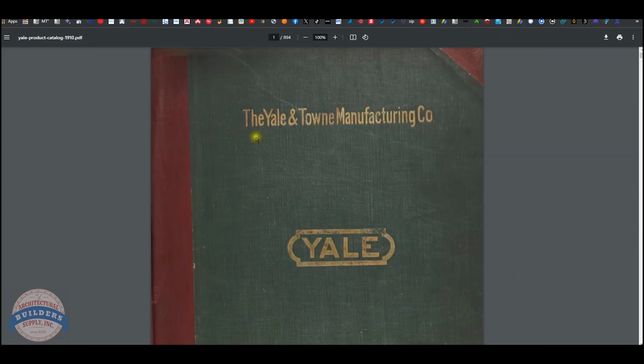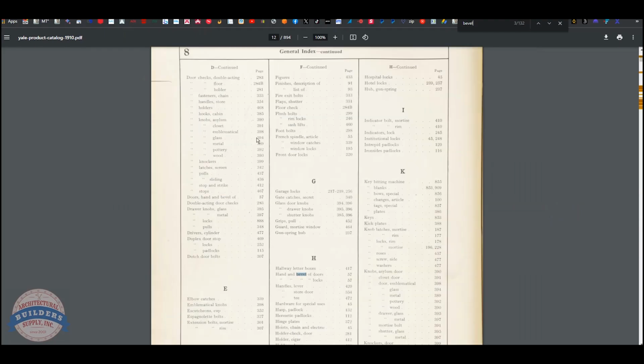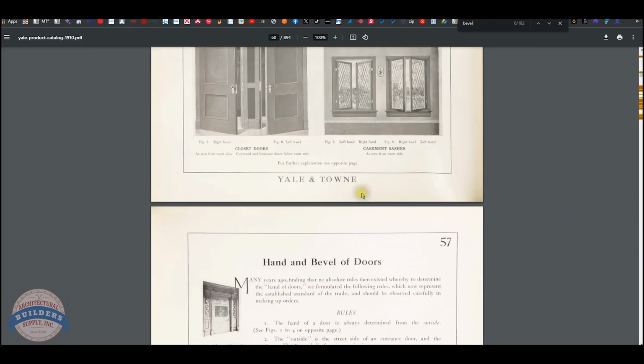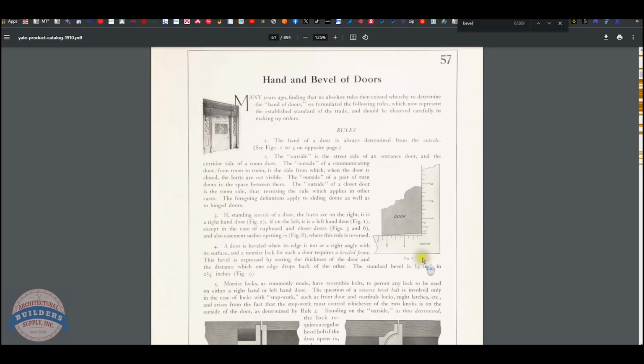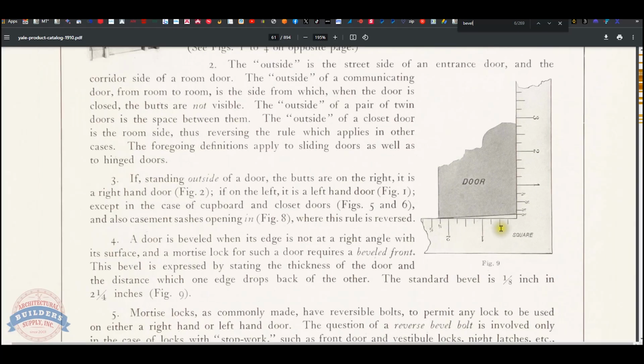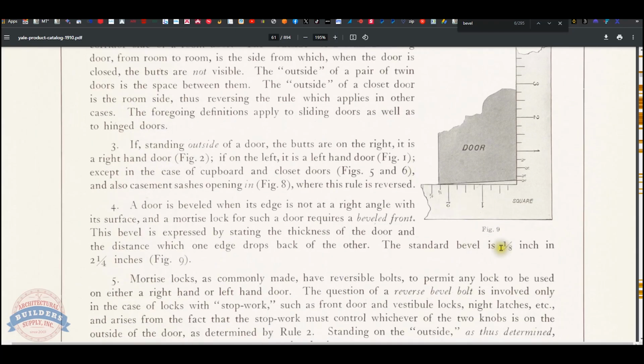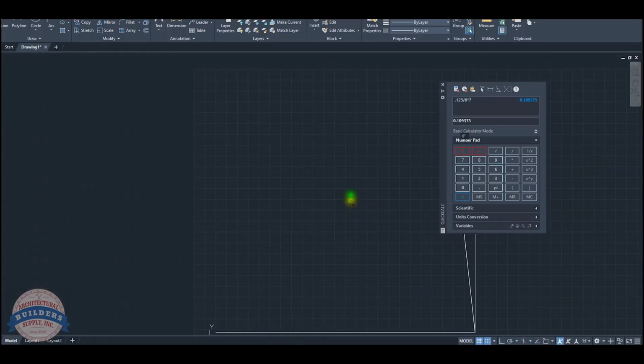Now in our 1910 catalog, which I've got loaded here, let's look at the definition of bevel. Here they're showing that the standard bevel is 1/8 in 2 1/4, so they literally cut it in half in terms of the angle. So let's do that now.